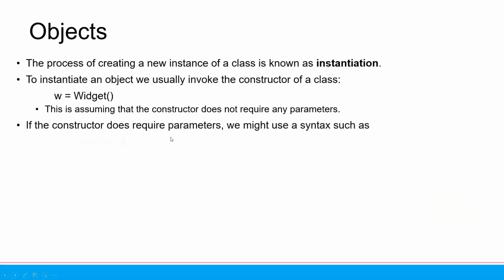There will be many classes that we can use. Later we will also learn about the constructor. The constructor sometimes requires parameters. So if it requires parameters, then we need to define what the parameters are.